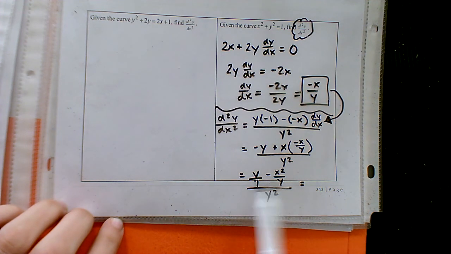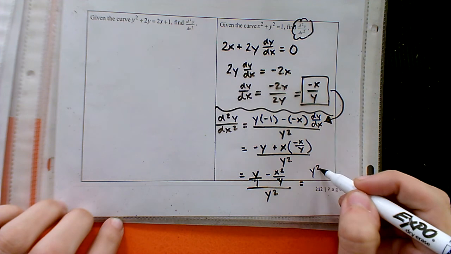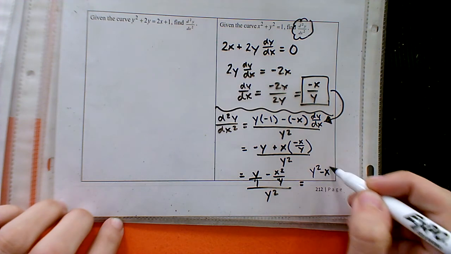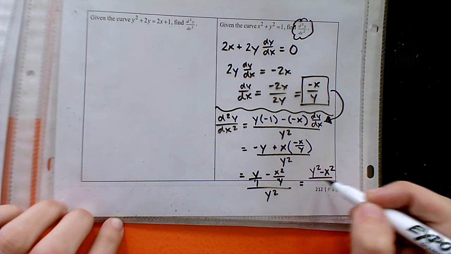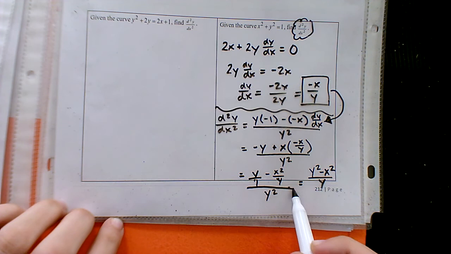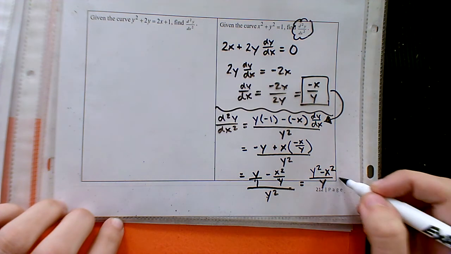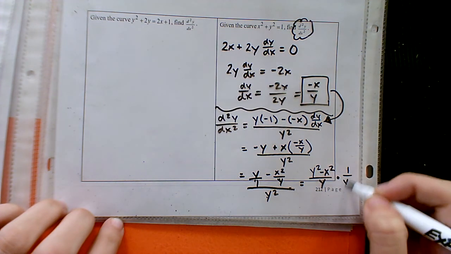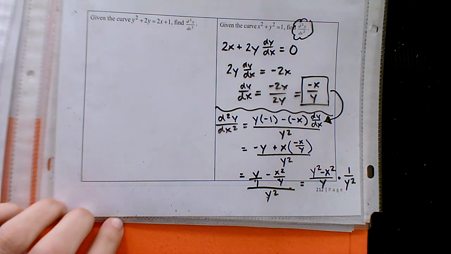Okay, so common denominator, we'd have to multiply y over 1 by y on top and bottom, so it matches this denominator. So we'll have y squared minus x squared all over the common denominator of y. And Christian said instead of dividing by y squared, let's bring it up and multiply by the reciprocal.